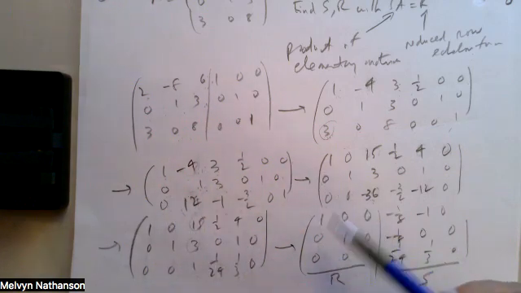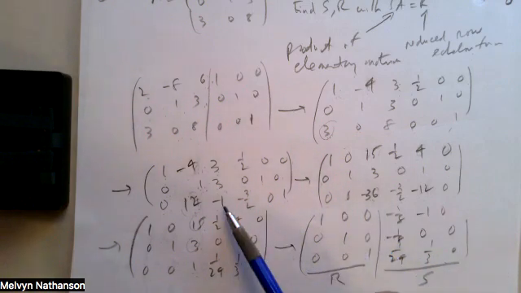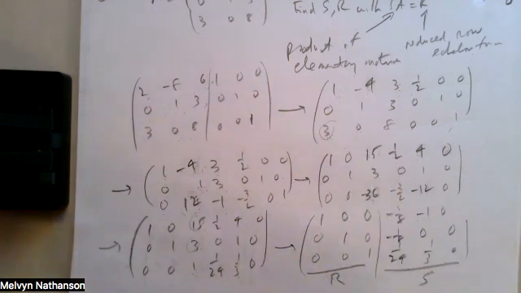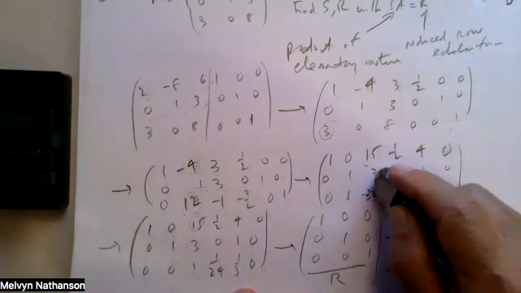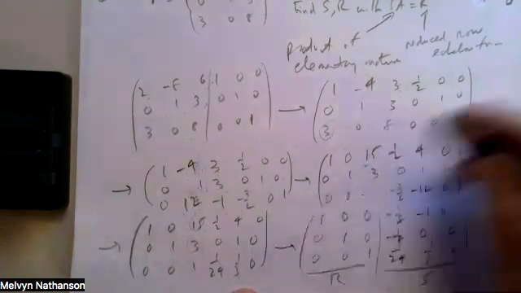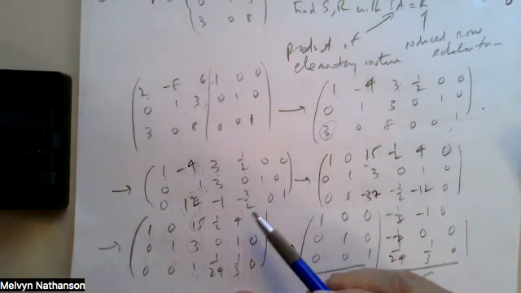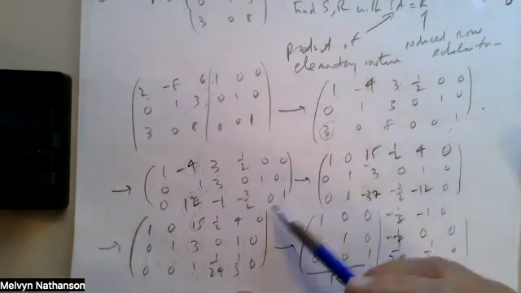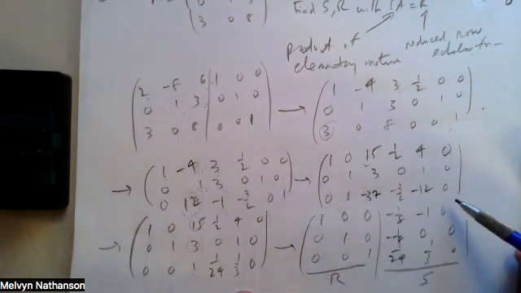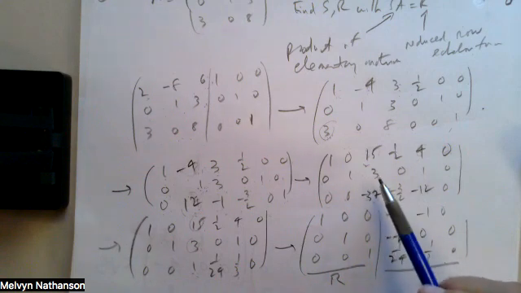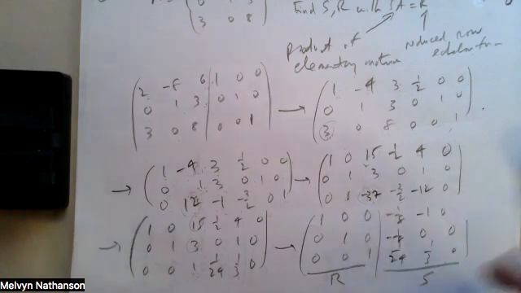And then to get a 0 here, I take the third row minus 12 times the second row. 0 minus 0, 12 minus 12, minus 1 minus 36 is minus 37. Minus 3 halves minus 0, 0 minus 12, 1. Then I want to make this a 1, so I divide this row by minus 37.